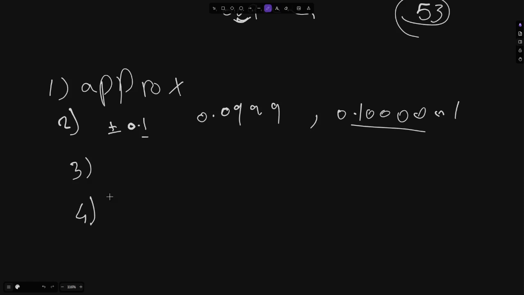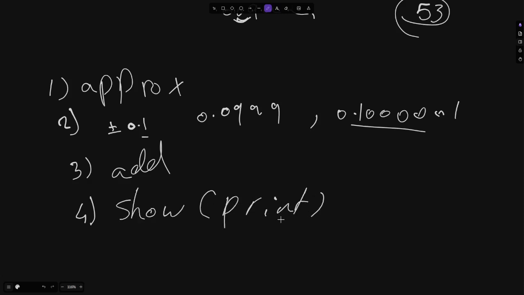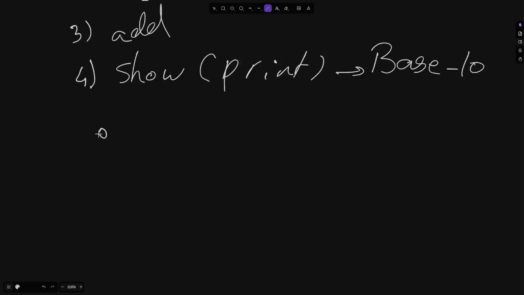After the addition, it prints the value in base 10, taking it as larger by a very slight amount and converting it back to decimal. That's why a number like 0.3 becomes 0.3000000.